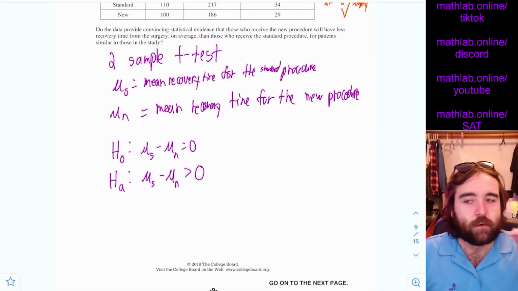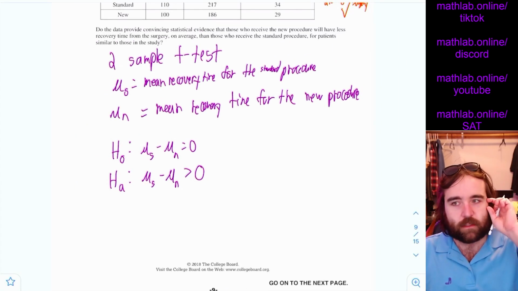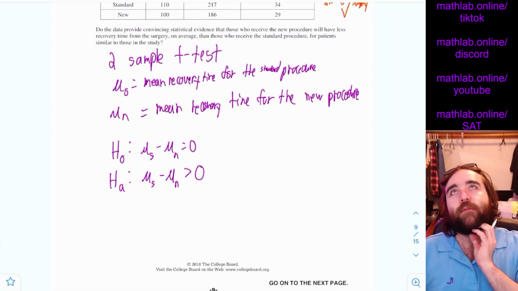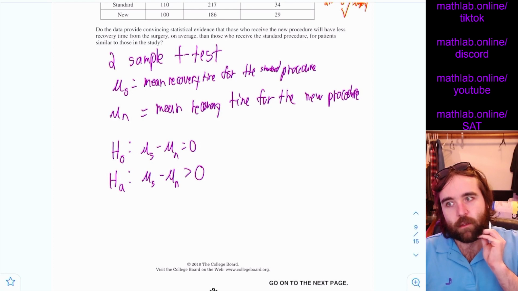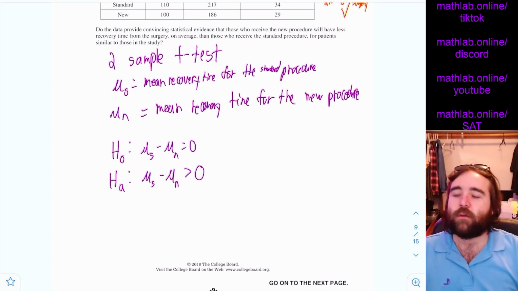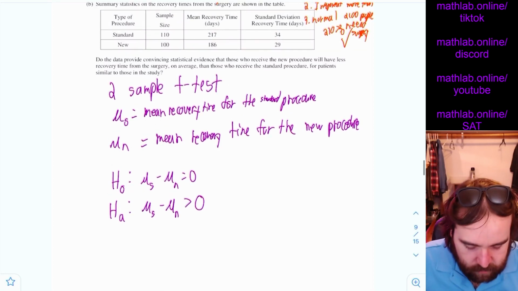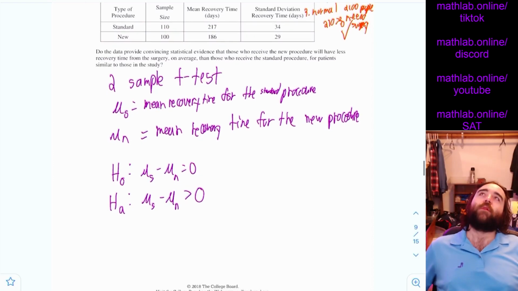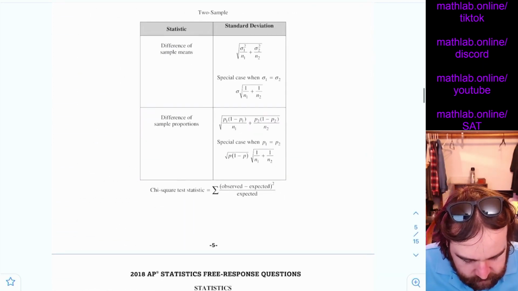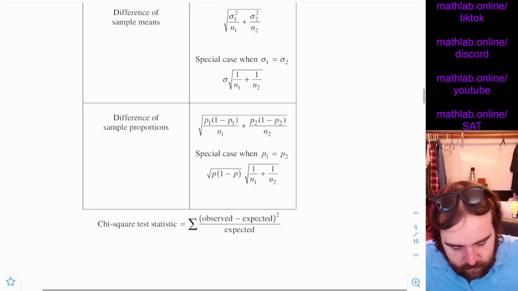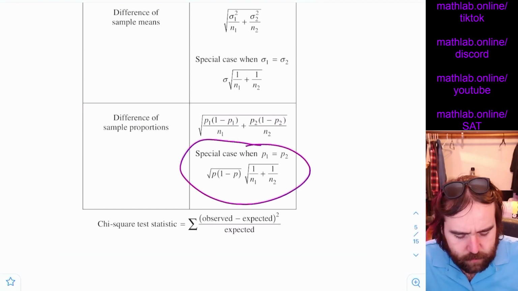And what we're going to do too, we're going to calculate our z-score, because, well, no, that's for the confidence interval. No, we do calculate the z-score of our data. That was the problem we did. And then we can't pool it this time, right? That's what we tried to do last time. But actually, we can look at the formula sheet, and we can see this is the special case where you're supposed to pool.